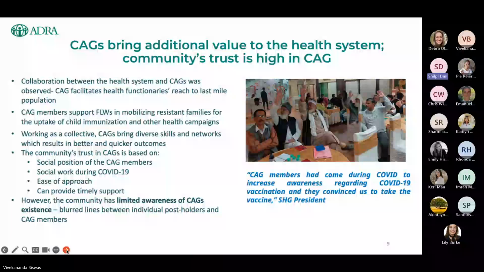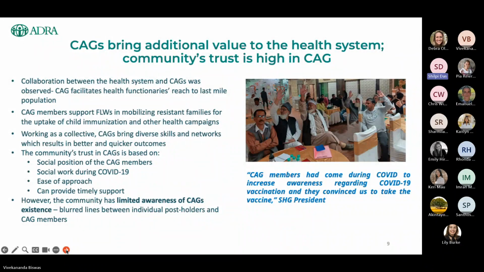The value of the CAG was attributed to their composition of influential members, because many of the CAG members were influential members with deep community knowledge, understanding, and also departmental linkages. The community trust in the CAG was based on the social positioning of the CAG members and their social work during COVID-19. Most of the CAG members were doing social service or volunteer work during COVID-19.